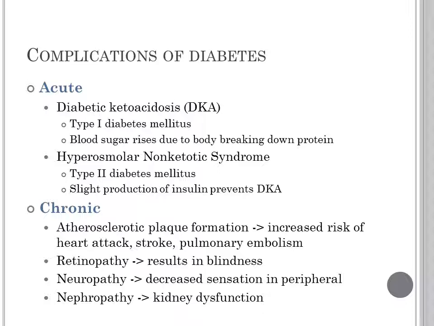However, because type 2 diabetics typically still produce at least a small amount of insulin, it's typically enough to prevent a hyperosmolar non-ketotic syndrome from going to a diabetic ketoacidosis. These patients will still come in with sky-high blood sugars and they still get put on an insulin drip. It's just their labs look a little bit different.